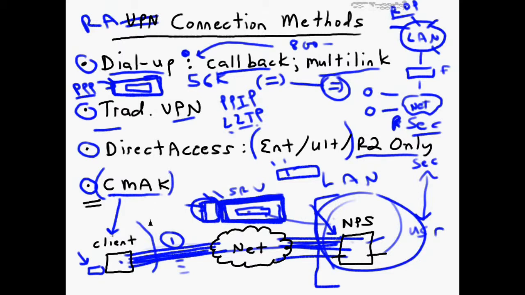If you have a whole fleet of sales users with laptops who are going to need VPN access, you can either set up each machine individually, stepping through the same steps, pointing those client machines to the network policy server, or you can create a single profile in CMAK and then distribute that profile en masse to all of your client computers.